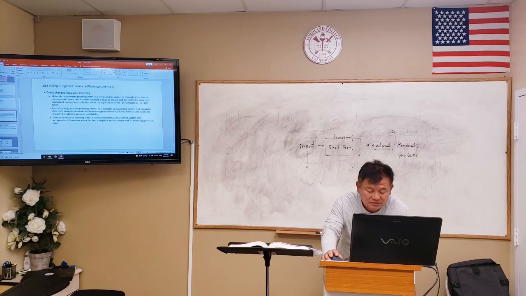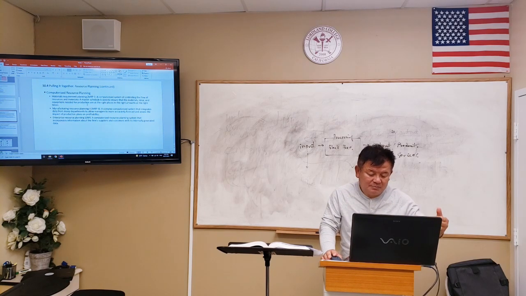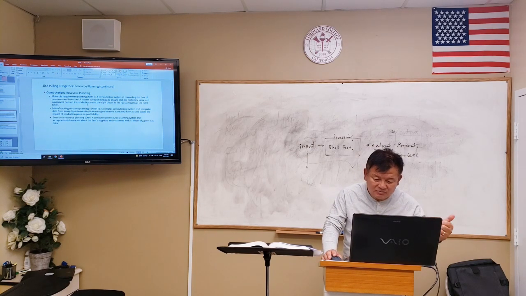The definition: a computerized system of controlling the flow of resources and inventories. A master schedule is used to ensure that the materials, labor, and equipment needed for production are at the right place, in the right amounts, at the right times. This is MRP. Why do we pursue MRP? To focus on the right amounts, right times, right place.